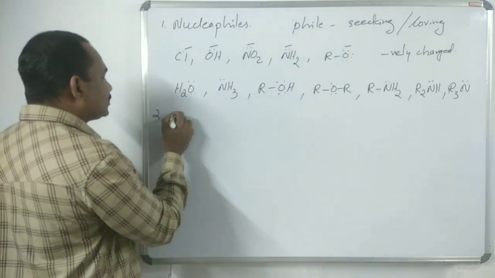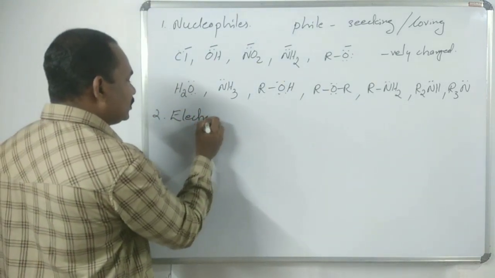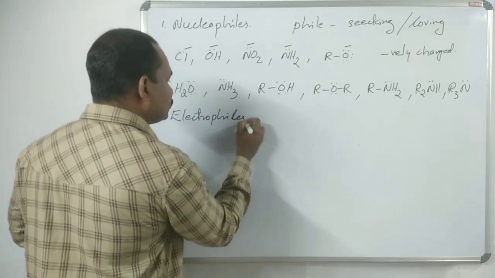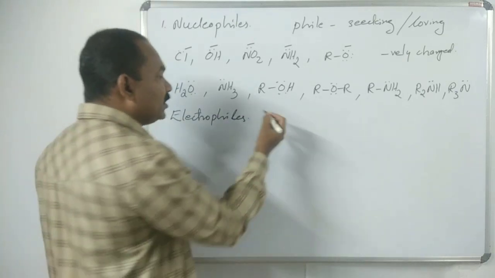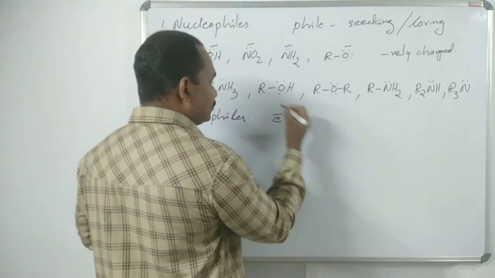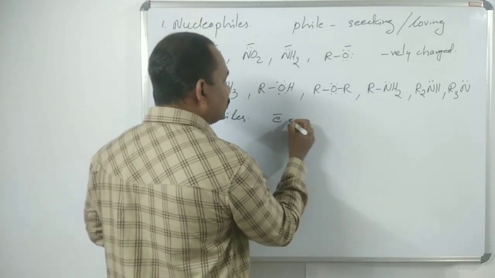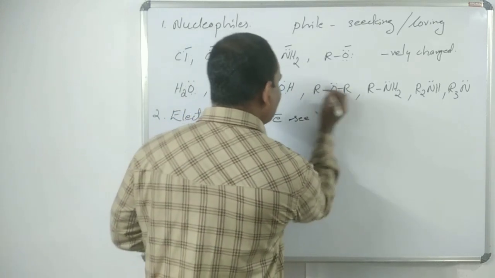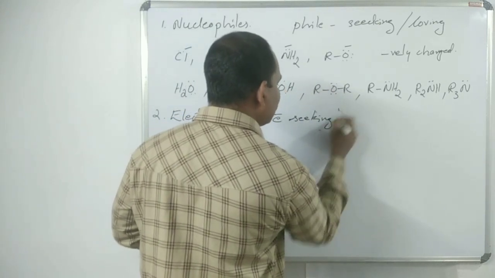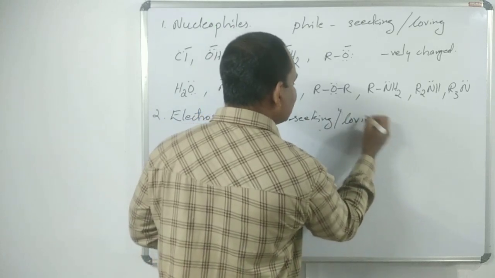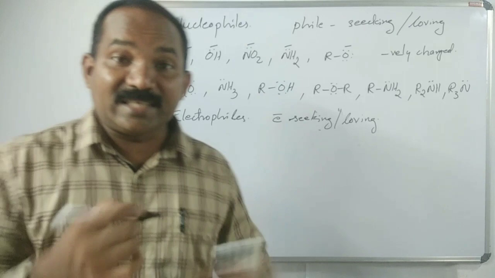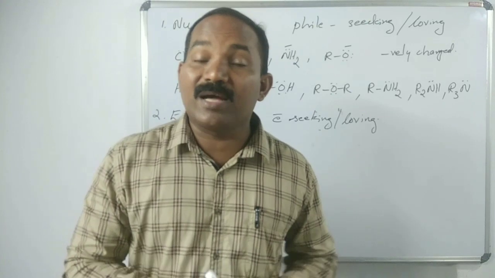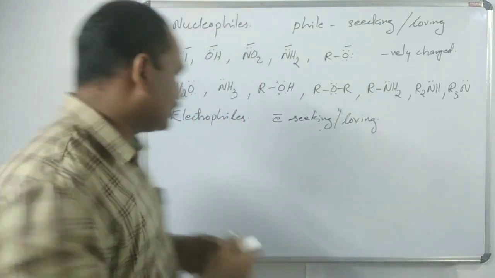Then the second one is electrophiles. What are electrophiles? Electron seeking reagents, electron seeking or electron loving species. They seek electrons, that is negative charge, and that's why we can say that they are electron deficient.